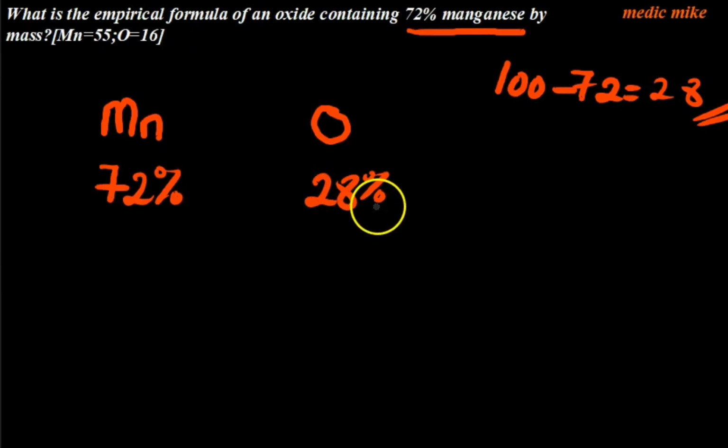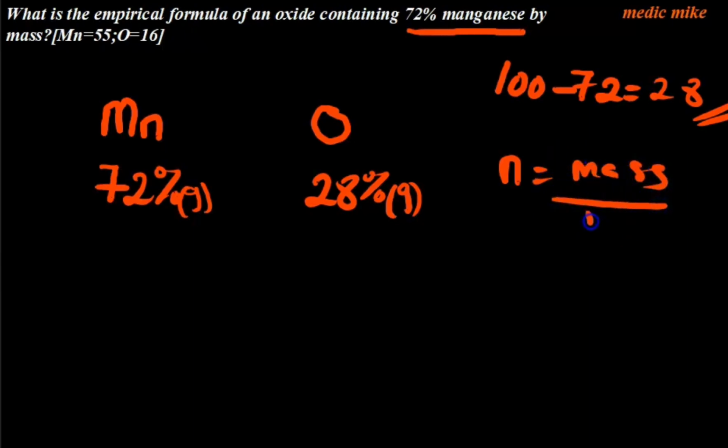Now remember, rule 1 is saying that we should find our mole, and we can take our percentage in grams. So our percentage can also act as the masses. So we have to find our mole, and we all know that mole is equal to what? Mass over molar mass.